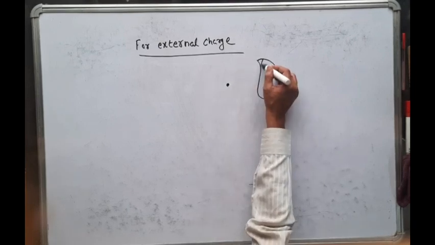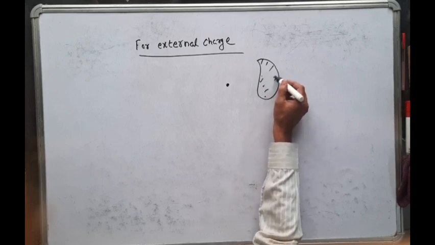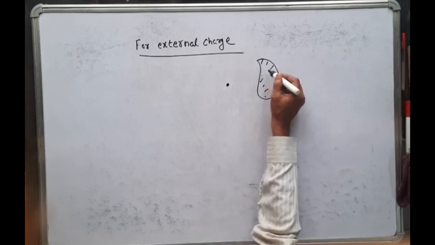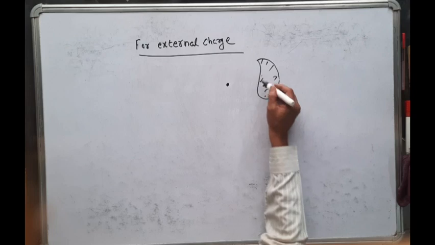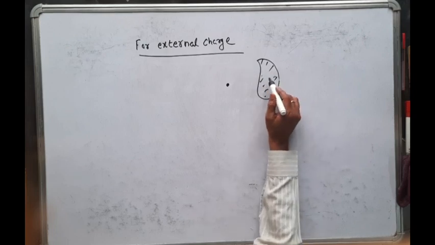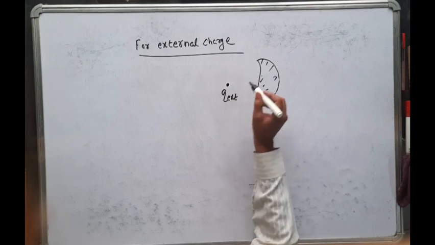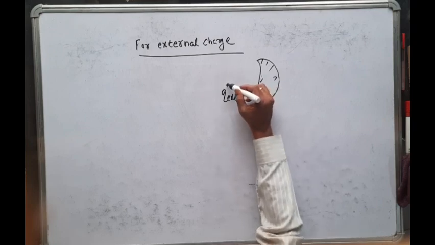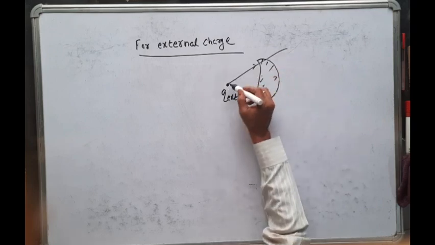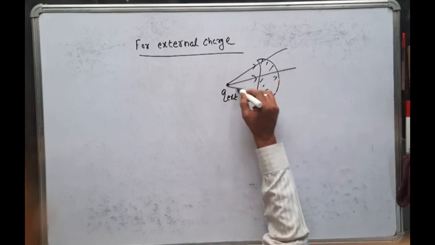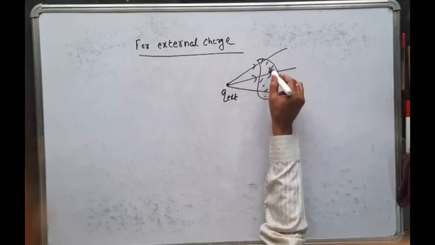Suppose this is the closed sphere or any shape, a closed surface with some volume, that is a 3D surface. Here this is an external charge. So due to this external charge, these are the lines of force.